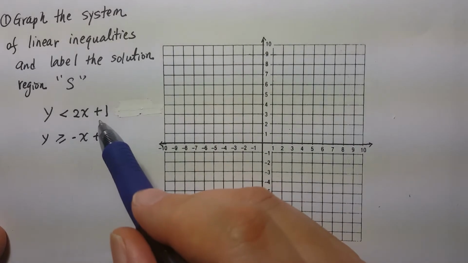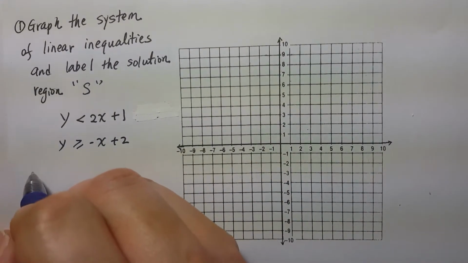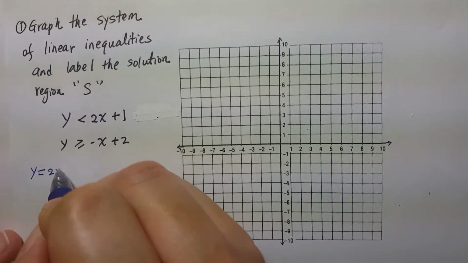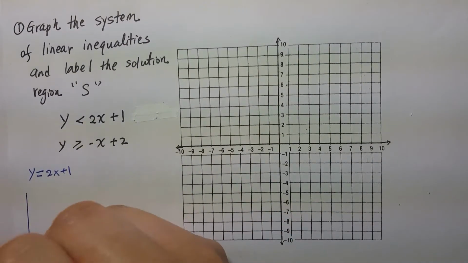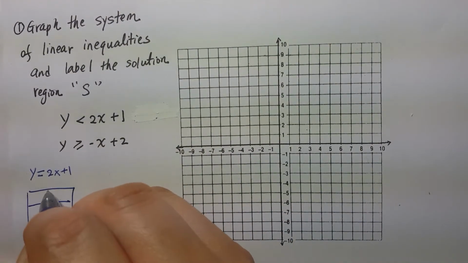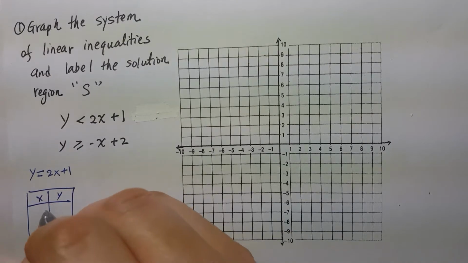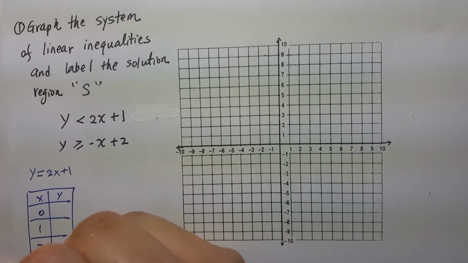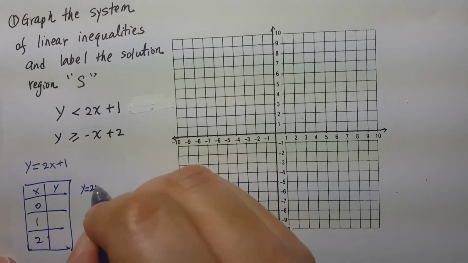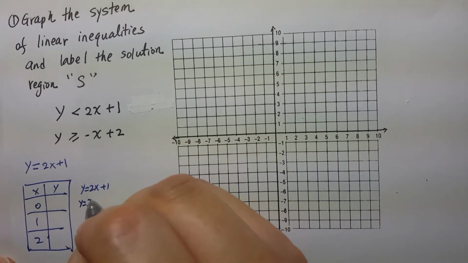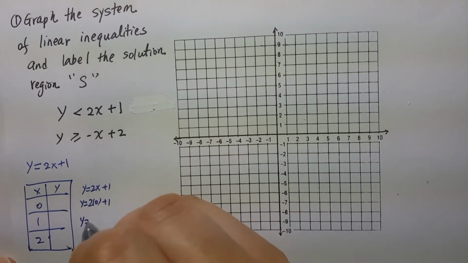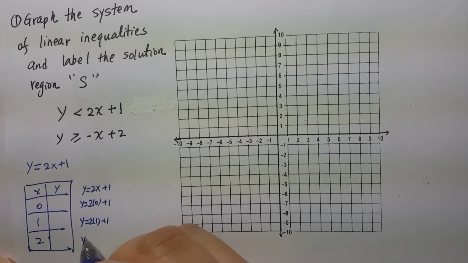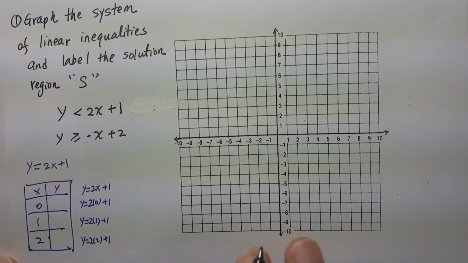So we have the first one and the second one. We have y equals 2x plus 1 as the boundary line. So we are going to make a table. Now you're going to calculate.